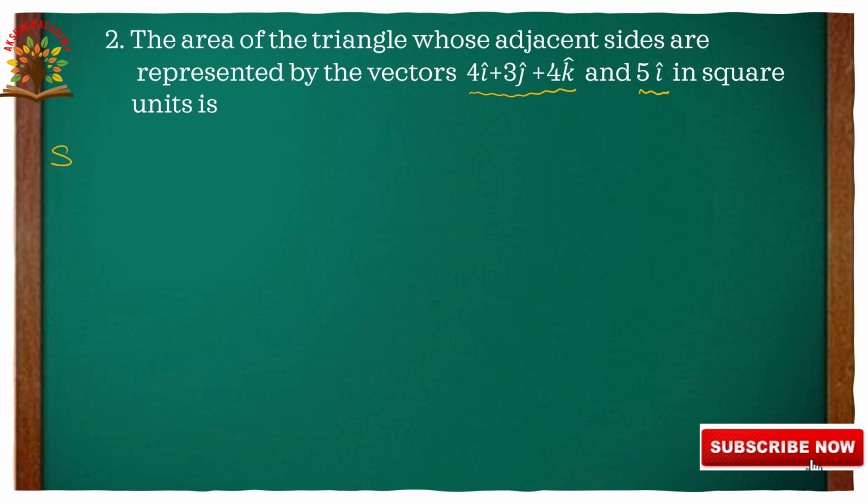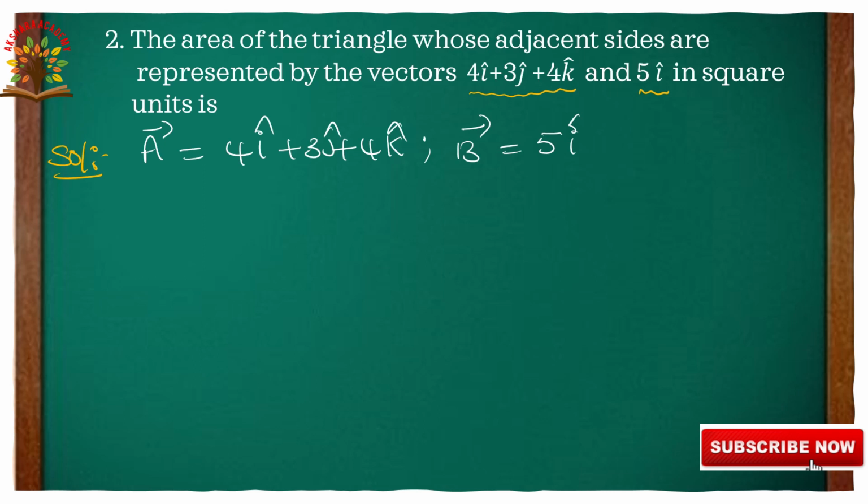So let us go to the solution. Let A bar equal 4i cap plus 3j cap plus 4k cap and B bar equals 5i cap.